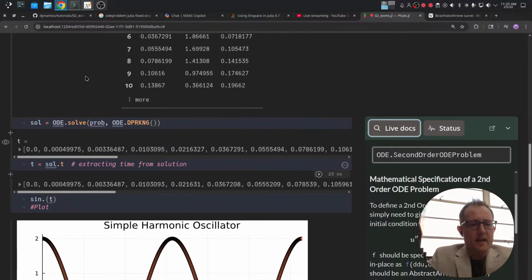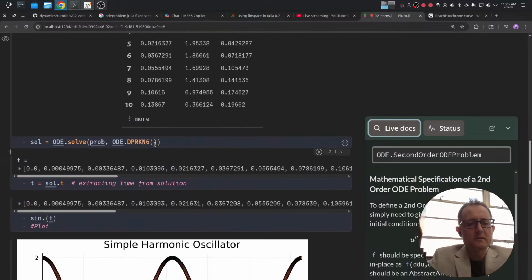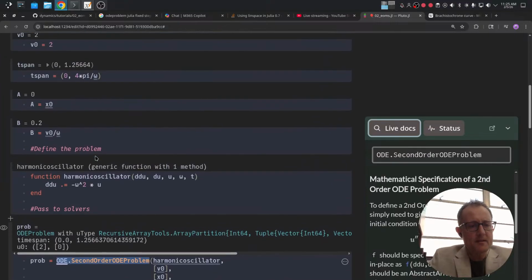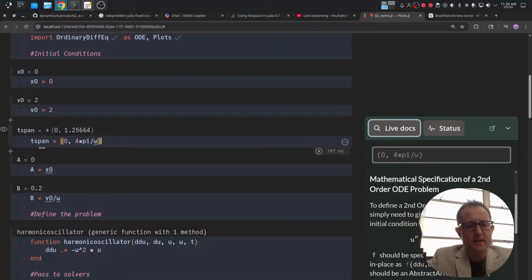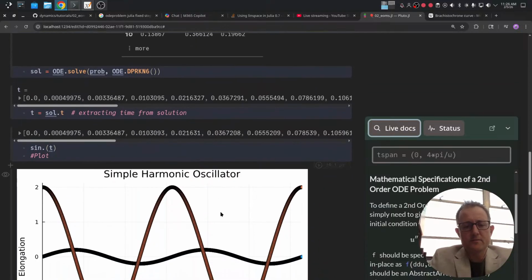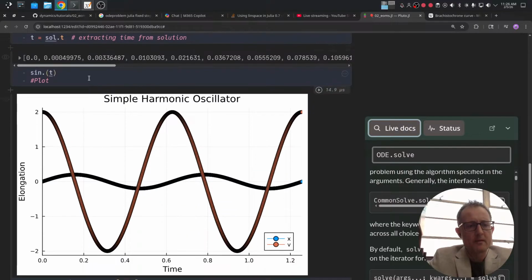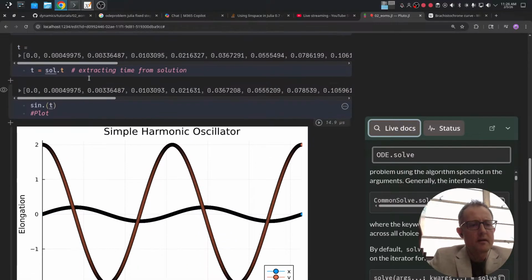So if we say T-span is 2 periods of oscillation, 4 pi over omega, sure enough, that's what we get. And we don't need this one anymore, let's delete that.